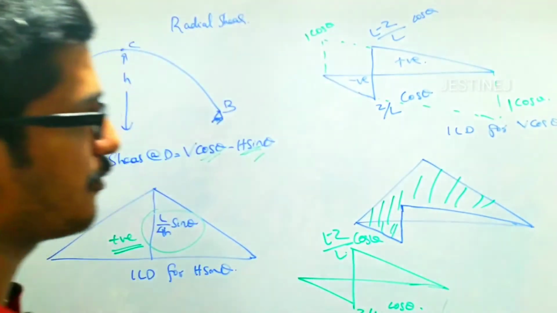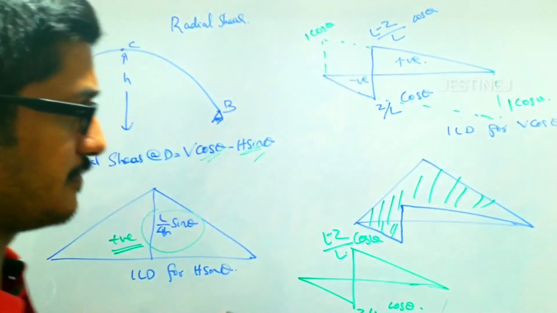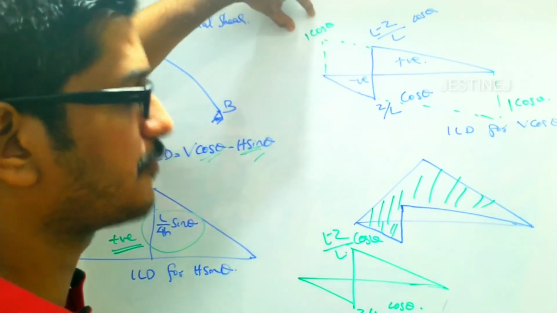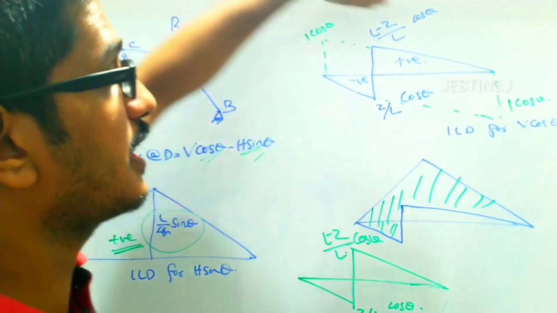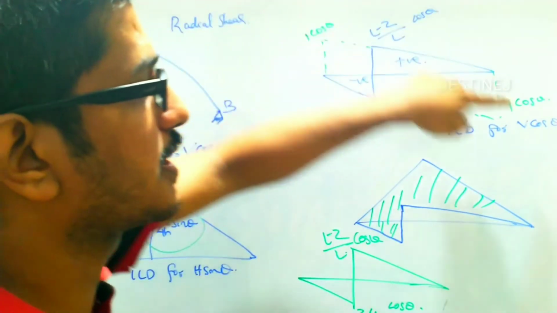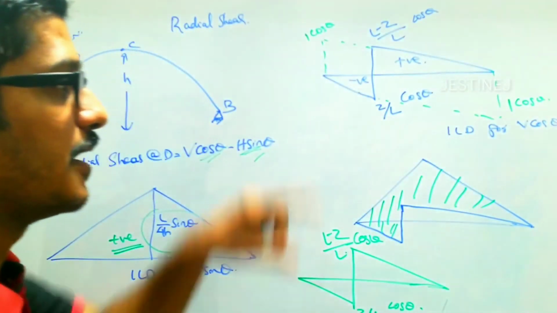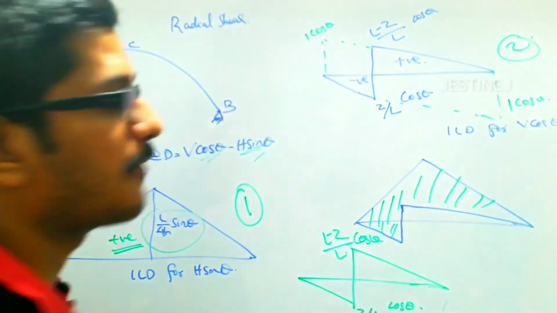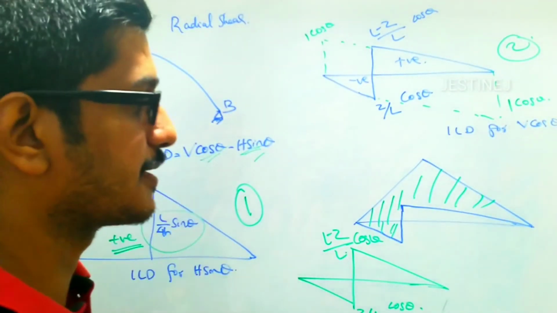So this is the diagram for ILD for V cos theta, and you can easily find out the reaction at A and the reaction at B. If you extend, this will be 1 cos theta here and 1 cos theta here. Then you have to superimpose this 1 and this 2, and you will finally get the ILD for radial shear.